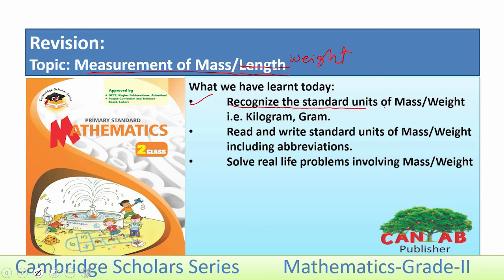Recognize the standard units of mass or weight, for example, kilograms and grams. And then we have learned how to read and write standard units of mass or weight, including abbreviations like kg for kilograms and g for grams. At the end, we have solved real life problems involving mass and weight.